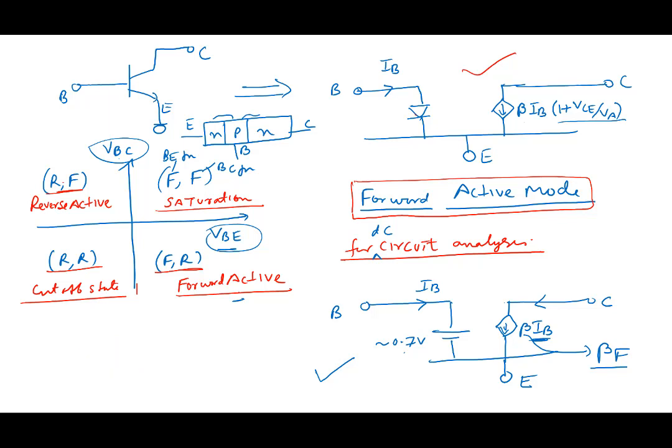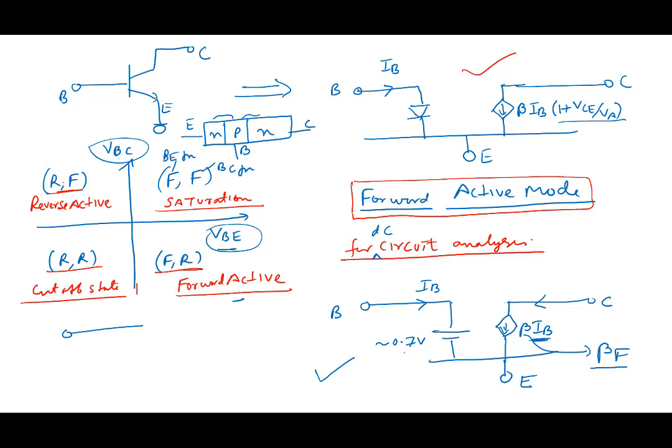There is a base here. What should I take as the common terminal now? Are you seeing the role is interchanged? The role of collector and emitter is interchanged in reverse active.